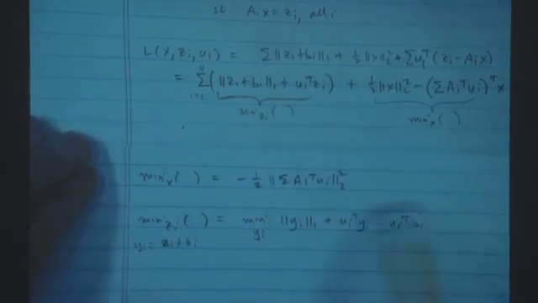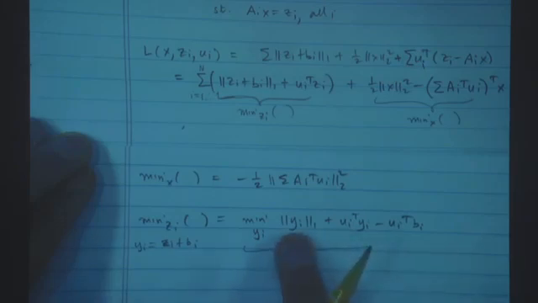And now this term doesn't involve yi, so it just comes out. And what is this? We know it's related to the conjugate function of the L1 norm. The conjugate function of the L1 norm would be the maximum of this minus that.